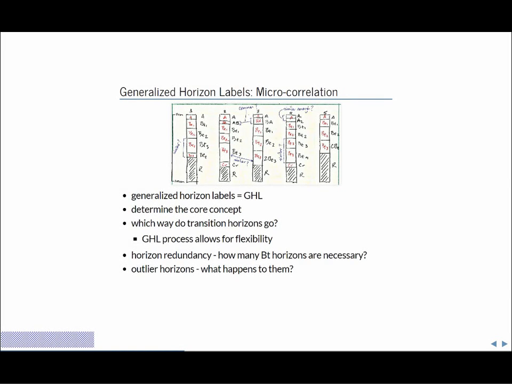So the concept here is to use these generalized horizon labels, and essentially what you're doing is running a process of microcorrelation across horizons of a set of profiles. You have this collection of profiles. One of the first things you need to do is determine, okay, what is the core concept that I'm trying to convey with these generalized labels?